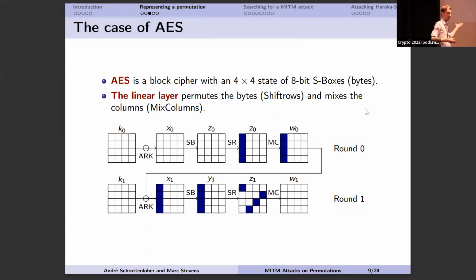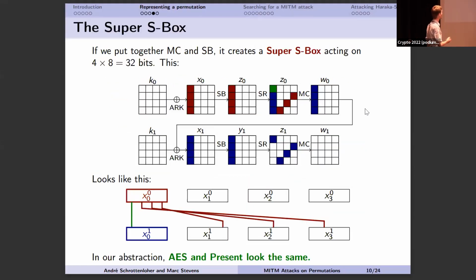Now, this has nothing to do with my previous drawing, but actually it does. If I use the following technique, the super S box, which basically consists in putting together the S box layer and the mix columns of the previous round, now I obtain basically a big S box that operates on columns, on 32 bits. And between these layers of super S boxes, the only thing that remains is the shift rows, the permutation of the bytes.